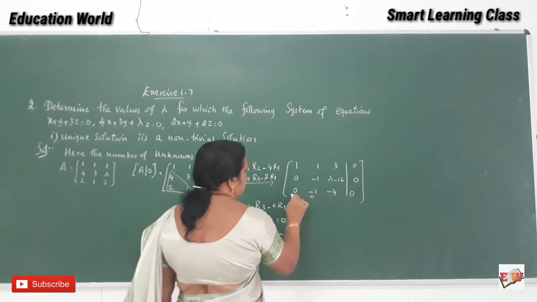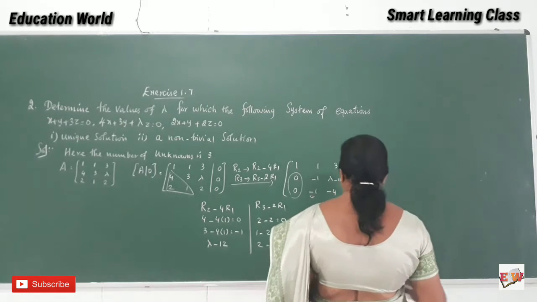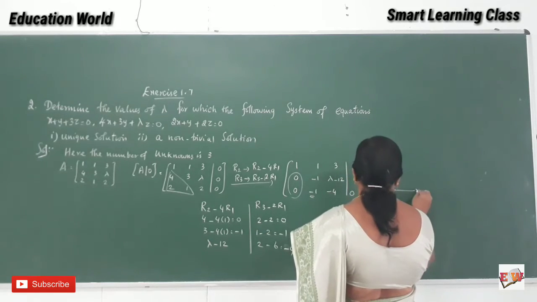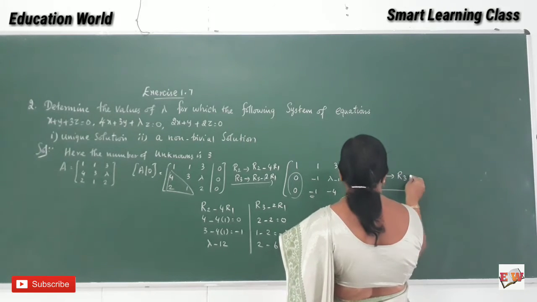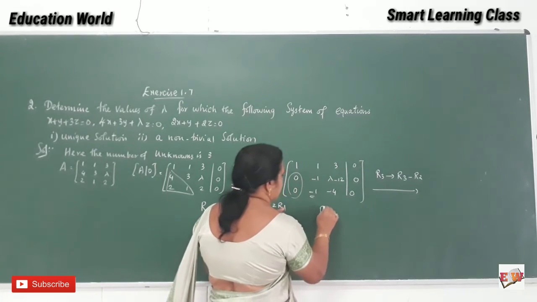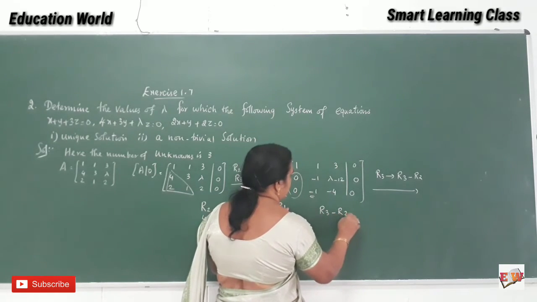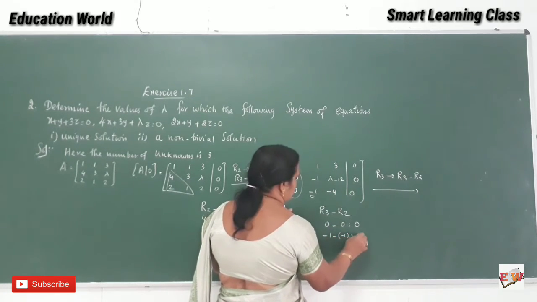Here these two entries became 0, but this entry should become 0. So R3 gives R3 minus R2. What is it coming? 0 minus 0, 0. Minus 1 minus of minus 1, 0.